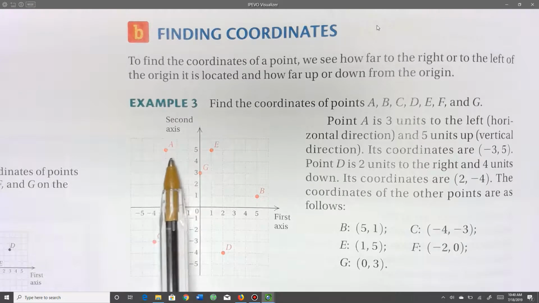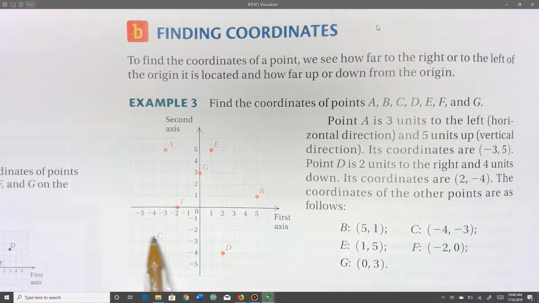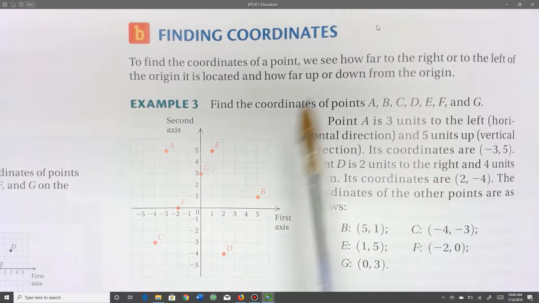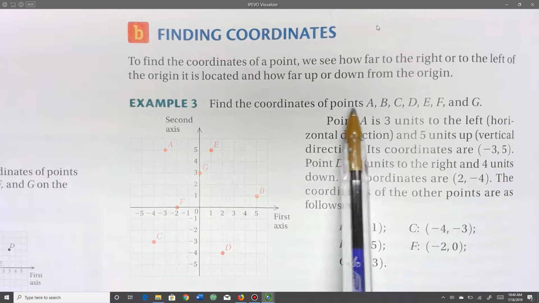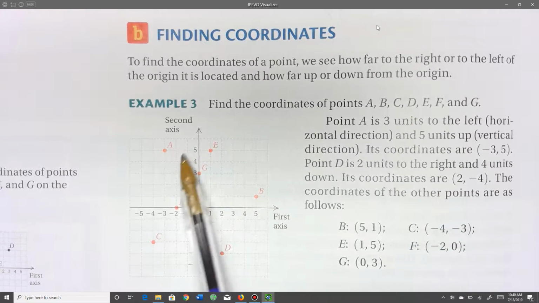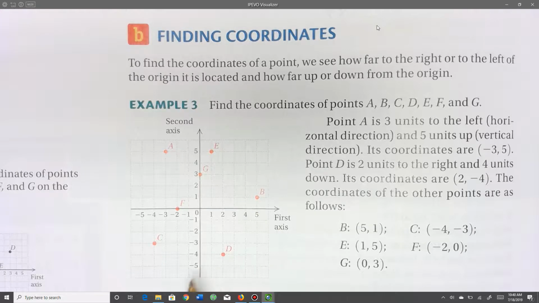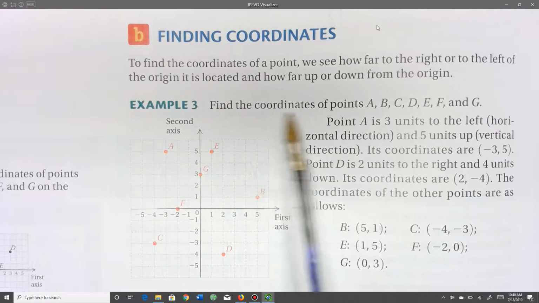Because now they gave us the points, and we need to figure out what the ordered pairs are. Okay, so you're gonna have questions like find the coordinates of points A, B, C, D, and so on. So they're gonna give you a graph with all the points plotted on there, and you need to find the coordinates.